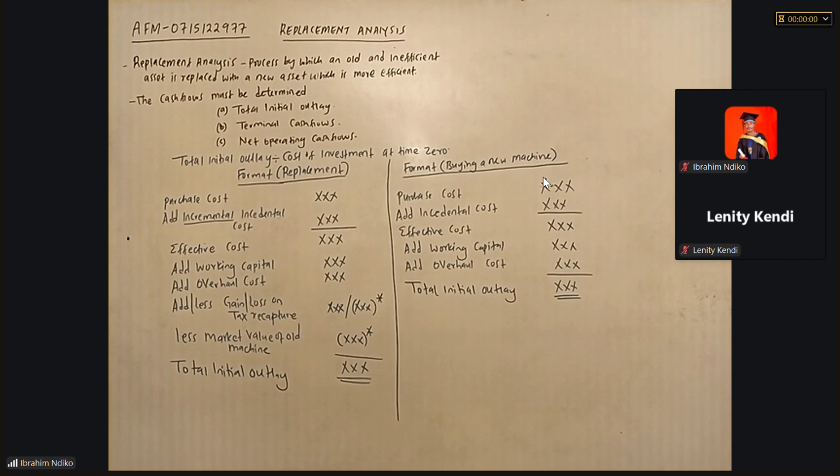Have you captured the difference? Yes, the difference is that buying a new machine doesn't have the market value of the old machine, so we won't have the tax recapture.